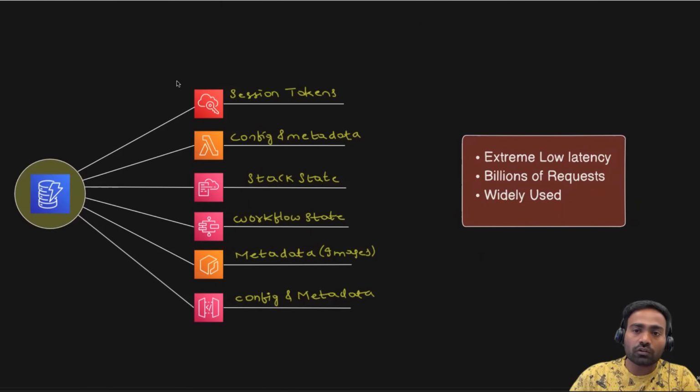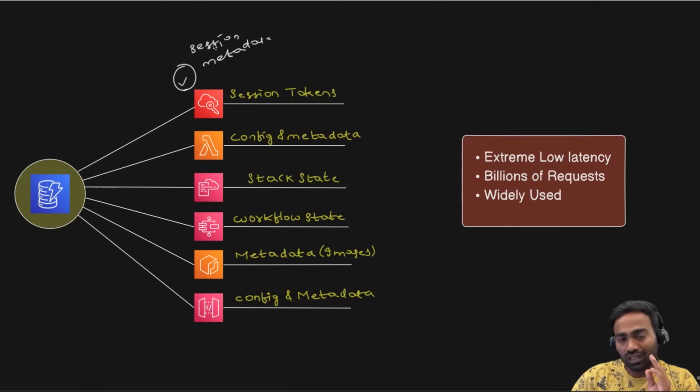But if you're using IAM, for example, the information related to your IAM, it can be your IAM session tokens, or it can be metadata information of your IAM. When you create IAM users, roles, even IAM profiles, AWS stores that information within DynamoDB. You might not have created that instance, but AWS internally stores the information of different IAM users across the globe within DynamoDB.